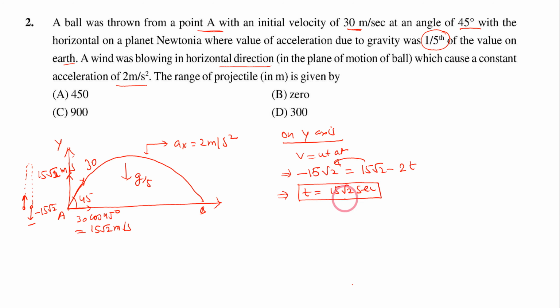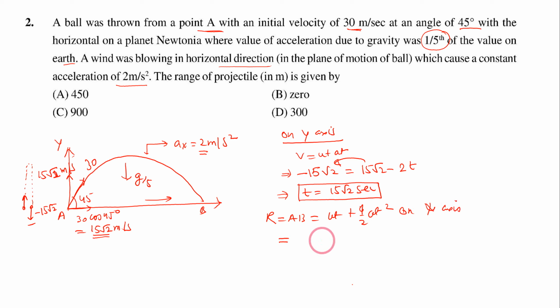Now for this time it has traveled on x-axis with acceleration of 2 meter per second and initial speed of 15 root 2. So range, that is AB, equals ut plus half at square on x-axis, right?